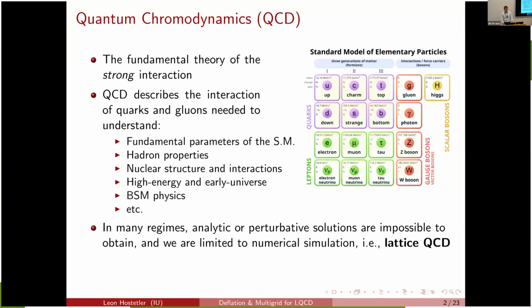Quantum chromodynamics is the fundamental theory of the strong interaction. Combined with the weak and electromagnetic interactions, it forms the standard model of particle physics. QCD describes the interaction of quarks and gluons, and we need that in order to understand things like fundamental parameters of the standard model and hadron properties, nuclear structure and interactions, as well as high energy early universe physics and beyond standard model physics.